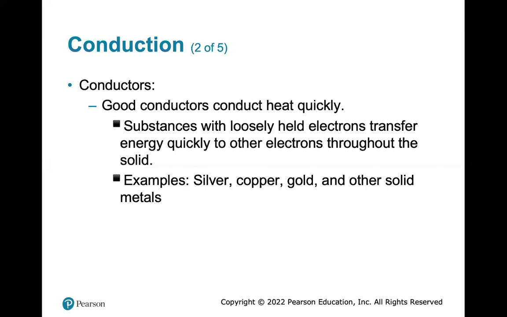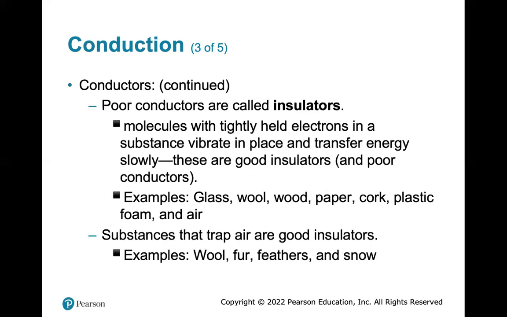And then you have aluminum and steel, which are further down. But most metals, I can't think of an exception, are good thermal conductors because they also happen to be good electrical conductors. Okay, poor conductors are called insulators.